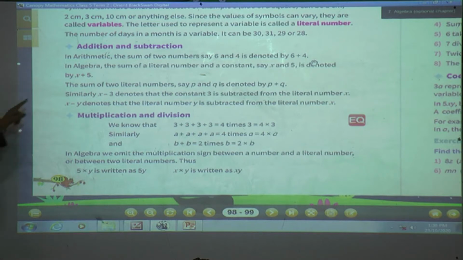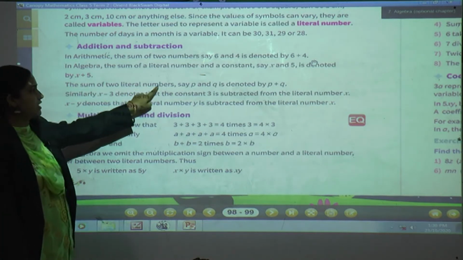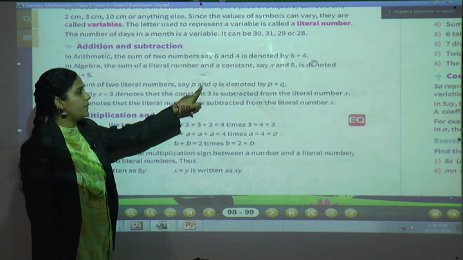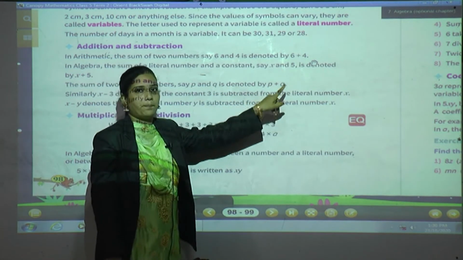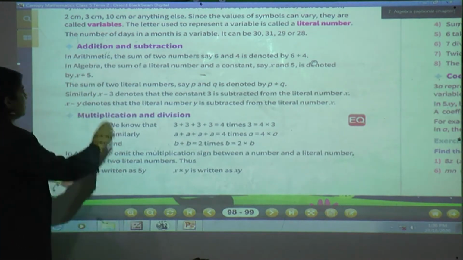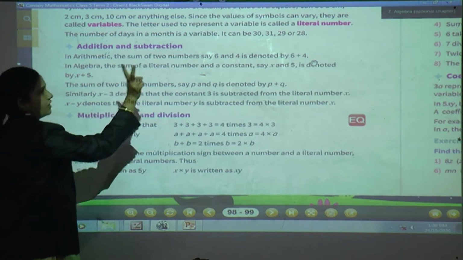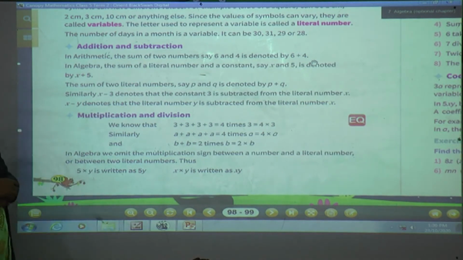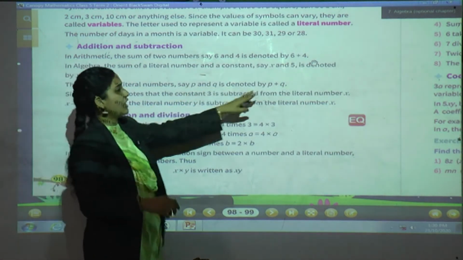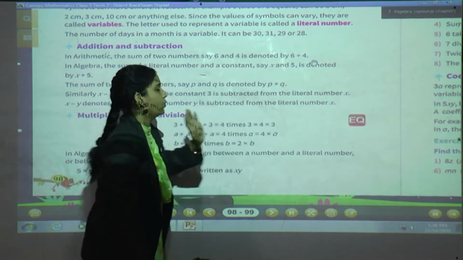See here again, the sum of two literal numbers, say p and q, is denoted by p plus q. If they ask us the sum of two numbers p and q, we can write p plus q.